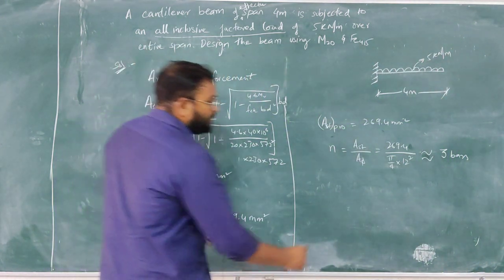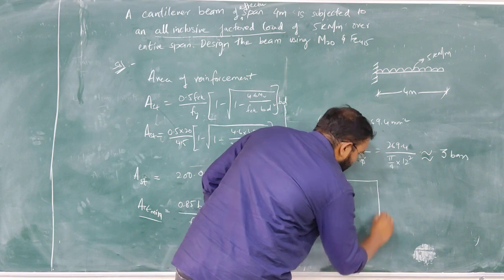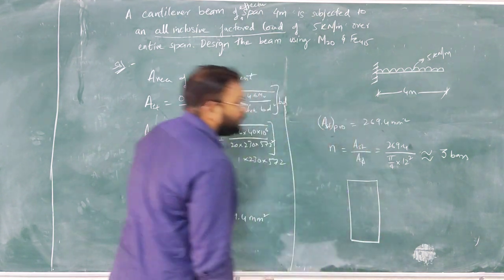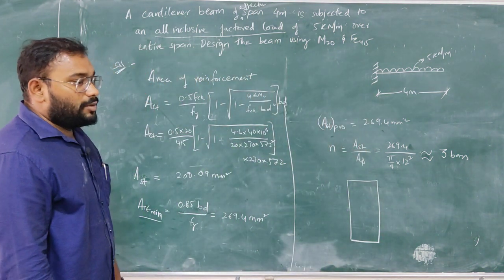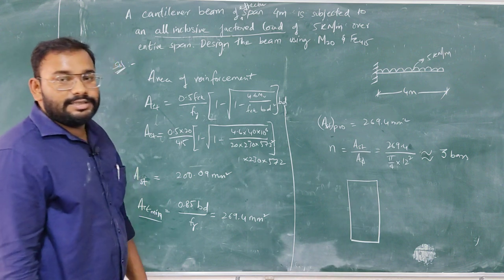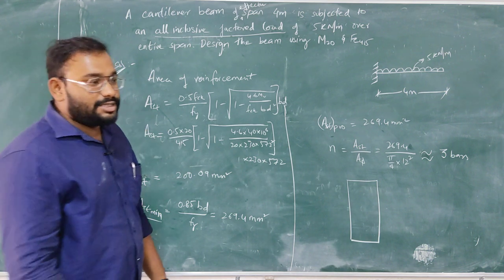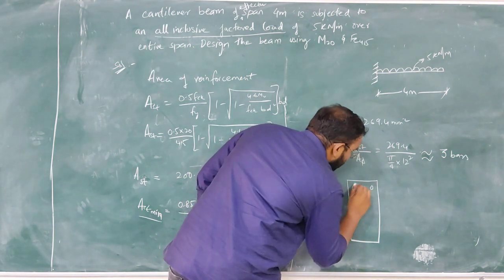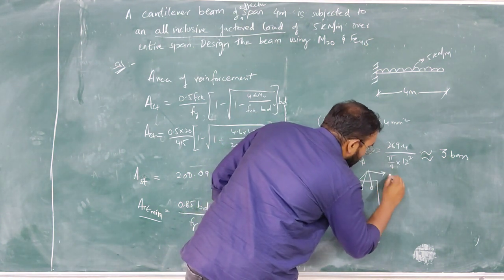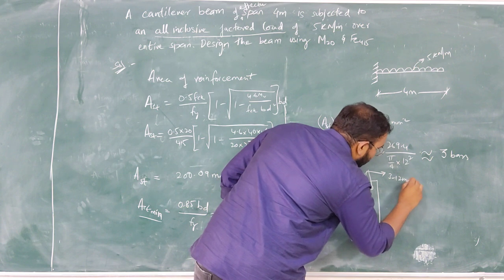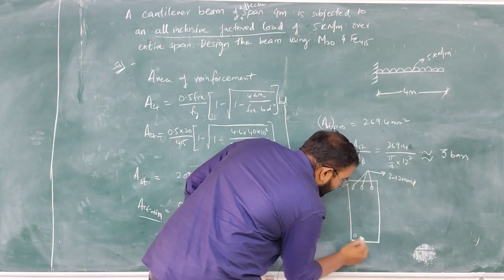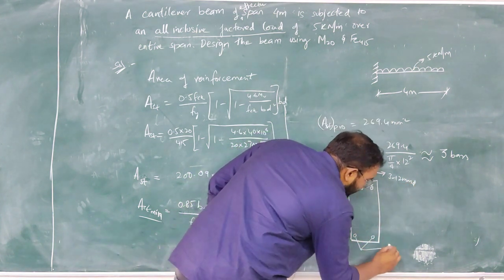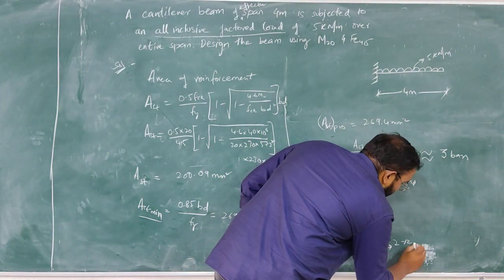Now last step is you need to draw the diagram. You require 3 bars of 12 mm diameter. Now where is the tension zone in this case? It is at the top. Why? Because this is a cantilever beam. So you need to provide 3 bars in tension here. These are 3 bars of 12 mm diameter. Now here you need to provide 2 bars of 12 mm diameter hanger bars.